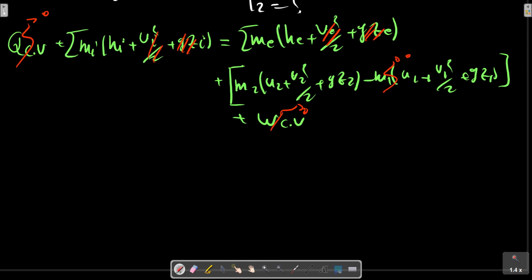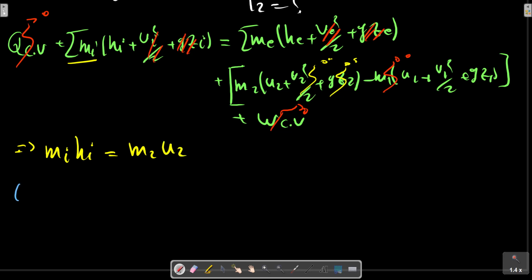The potential energy for the second state is also equal to 0. For the inlet mass, we have m_i h_i equals m_2 u_2.